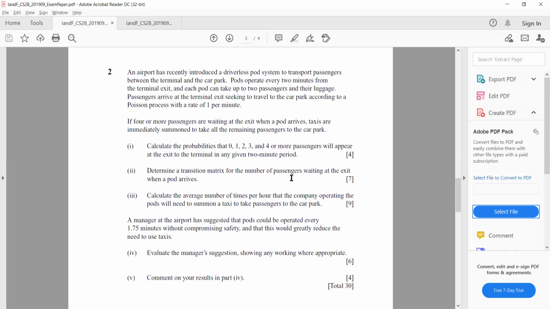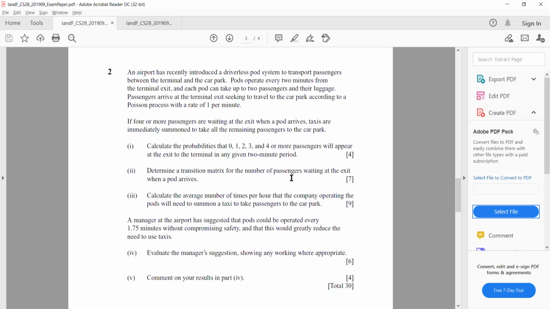The reason which you mentioned was not exactly correct, that all of them would be taken away. Fine, all of them would be taken away, but the fact is, if you're trying to model the number of passengers waiting at the exit, it actually can be 5, 6, 7, 8, and so on. We could model that way, only that modeling exercise will be a bit more complex, and an easier exercise can be done with a lower number of states as well.